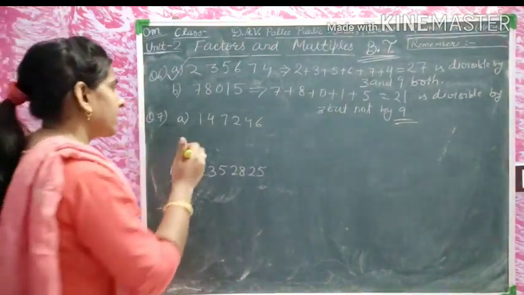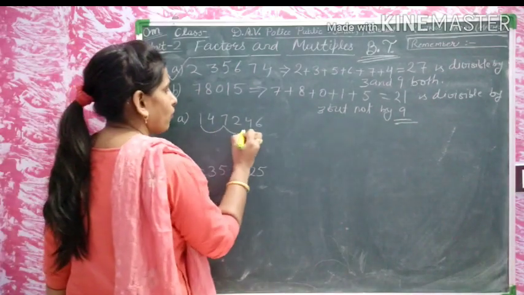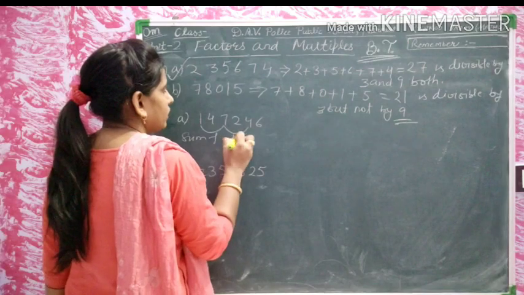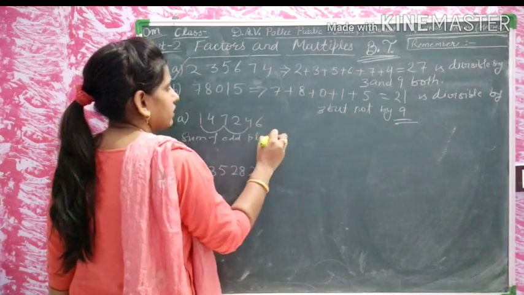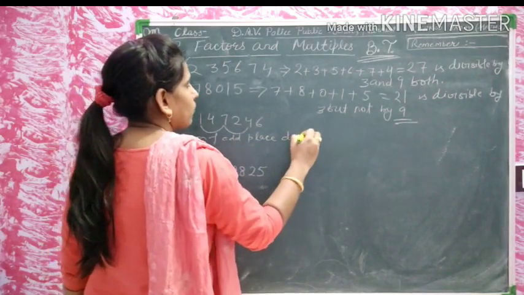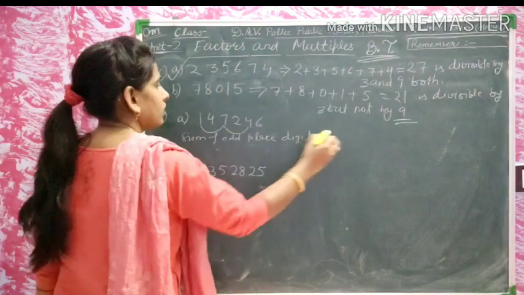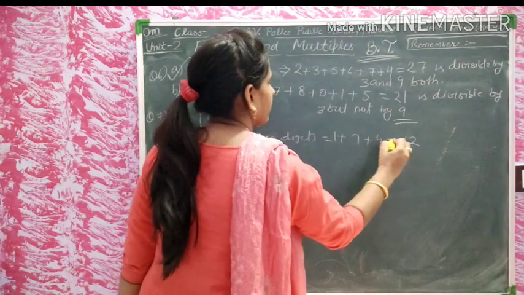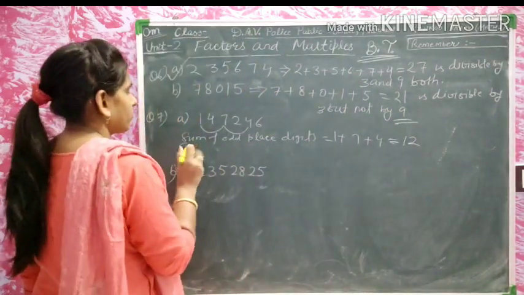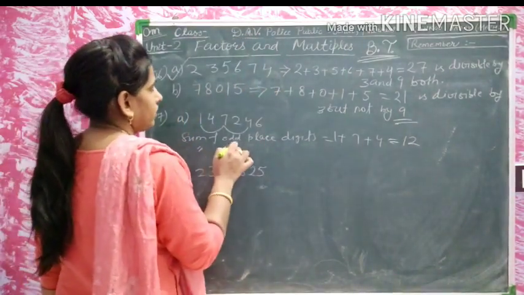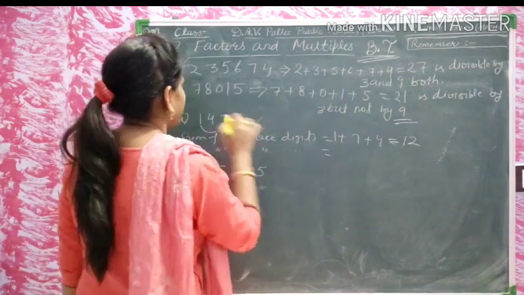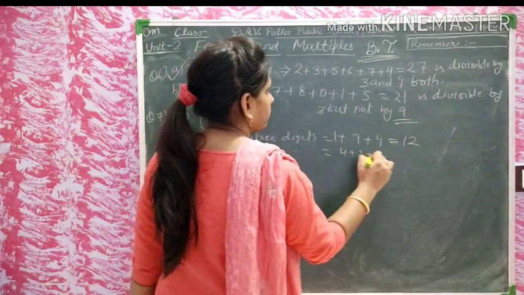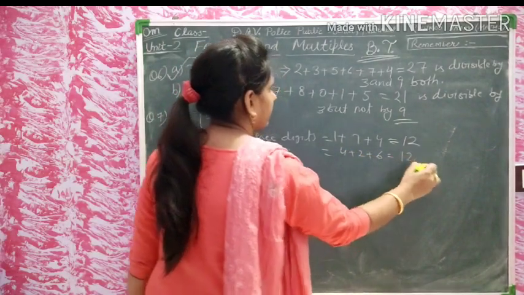This is the condition here. The sum of odd place digits is 1 plus 7 plus 4, which equals 12. And the sum of even place digits is 4 plus 2 plus 6, that is 12.